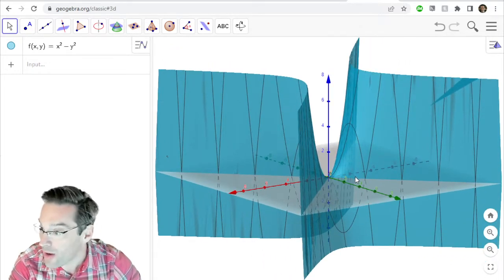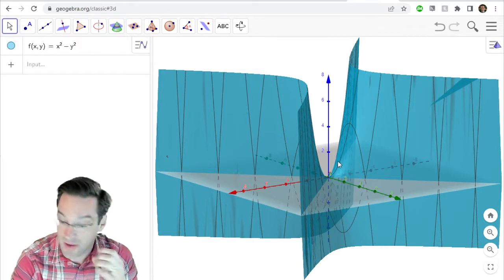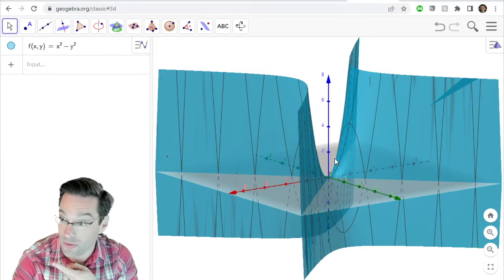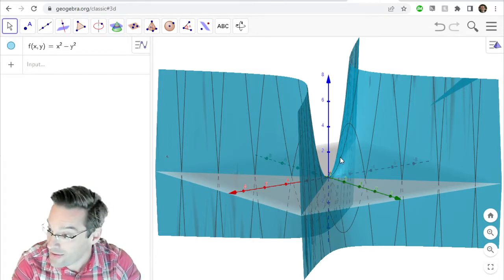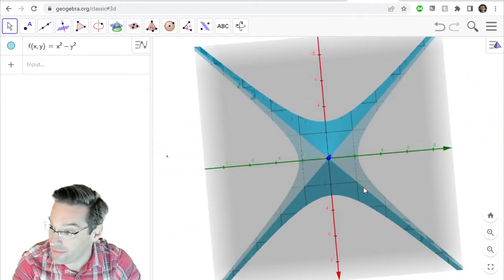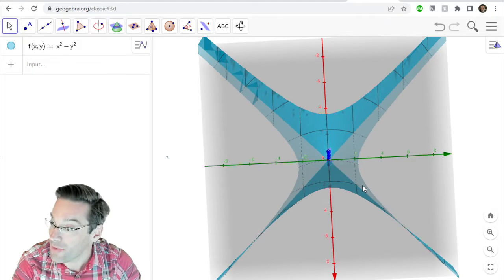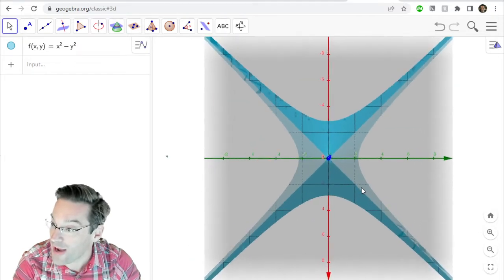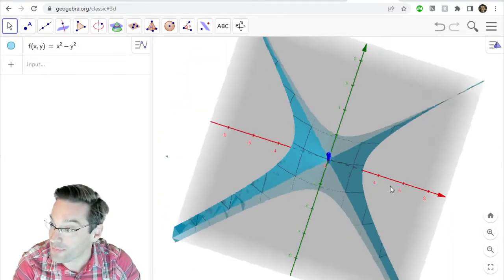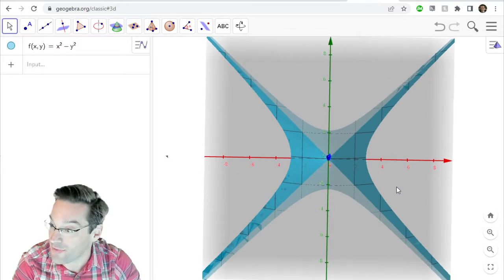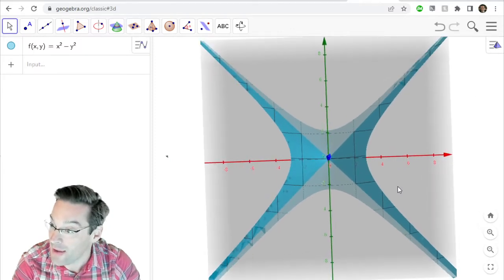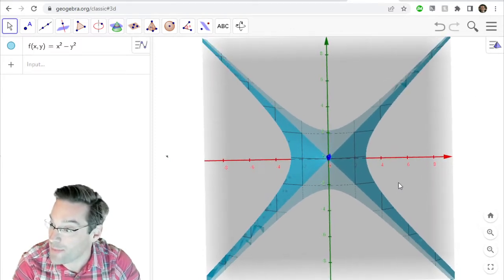And so our job is to find a parameterization for this surface. And here's the secret that I'm going to give away a little bit here. The secret is that most graphing utilities graph a surface by parameterizing it. And you can see the telltale signs of that parameterization.